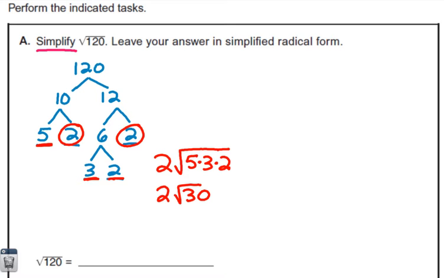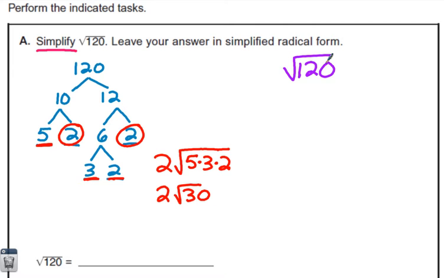Now I'm going to do a different method, which I find myself doing as a preference. That is going to involve breaking down the square root of 120 just one time, but in a very specific manner. I can't just break it into any 2 factors.